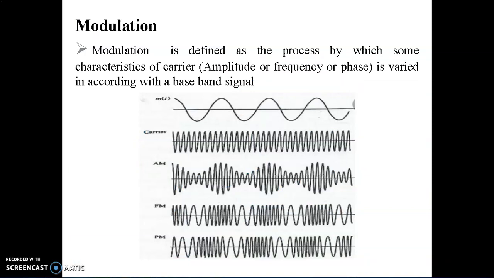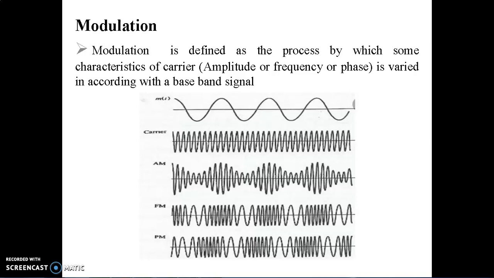Next is the modulation. As I mentioned in the previous slide, before transmitting the information signal, it should be modified so that the signal is transmitted over a long distance. This is done by using an additional signal called a carrier signal.